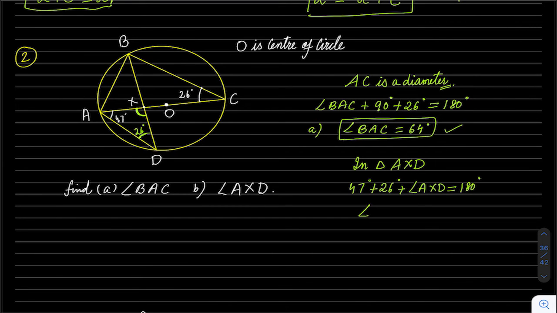From this, angle AXD is equal to 180 minus 47 minus 26. So my answer is 107 degrees. This is my second part, B. I hope it's clear to you.